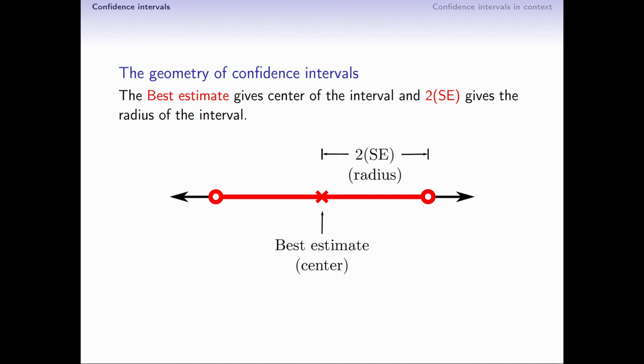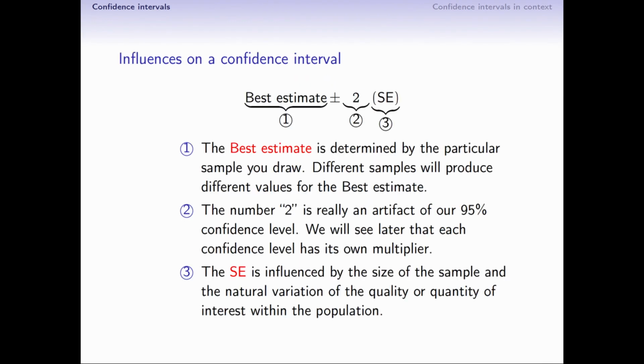Now let's think of all the different things that influence a confidence interval. Remember, our confidence interval is of the form best estimate plus or minus a margin of error, which is calculated by taking 2 times the standard error. I want us to think of a confidence interval as being influenced by 3 different things, which I have labeled 1, 2, and 3.